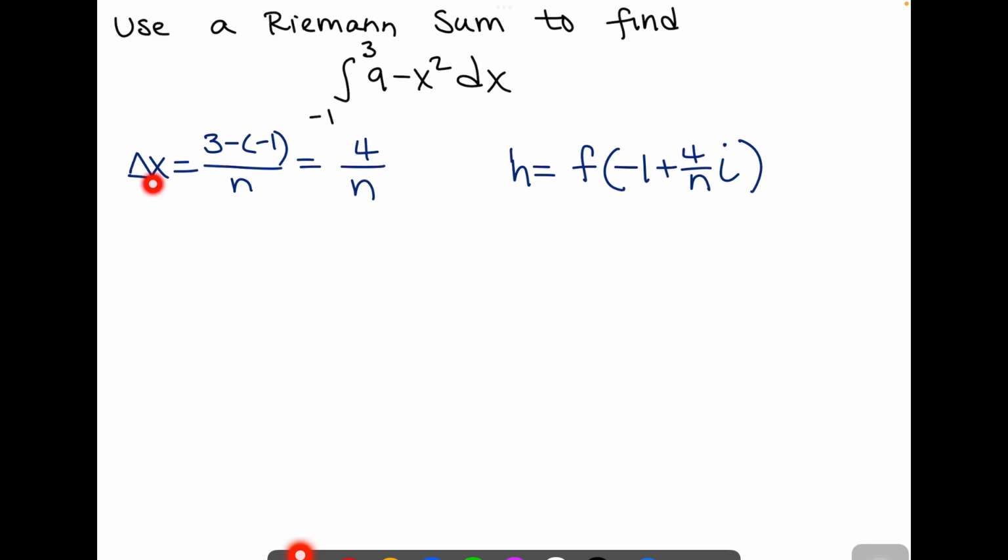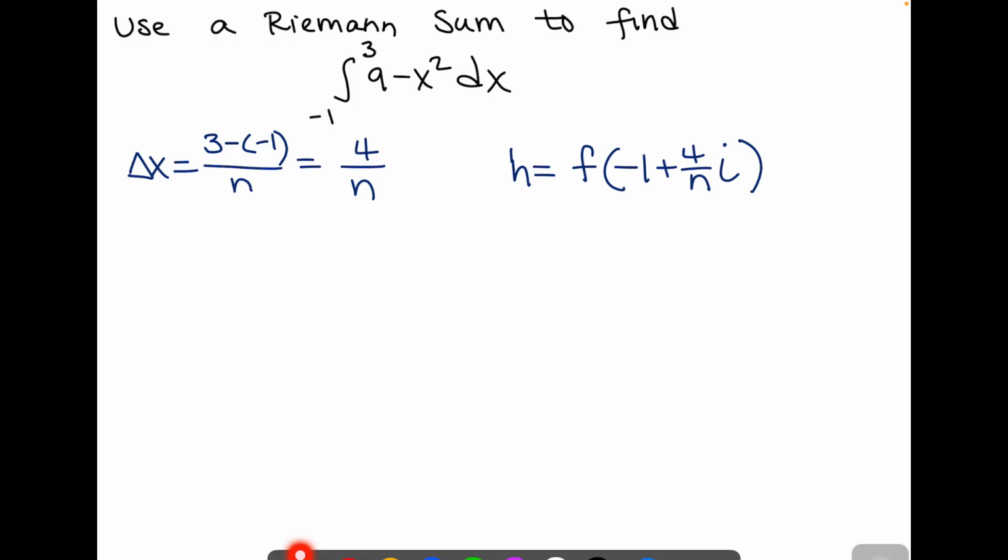My delta x, the width of the rectangles, is the length of the interval divided by n. So I did 3 minus negative 1, that's 4, divided by n. So if I have n rectangles, width is 4 divided by n. I'm going to use right endpoints.